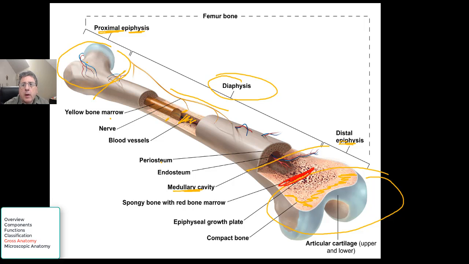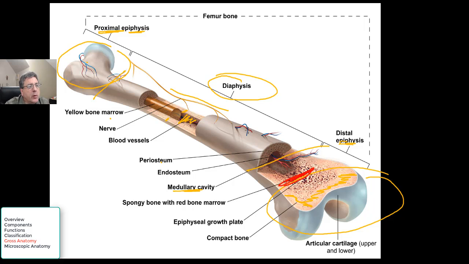When we're looking at the bone, it is made up of living cells, and those cells will need nutrients. It needs to be innervated. And how the bone receives nutrition is through the blood supply and innervation.